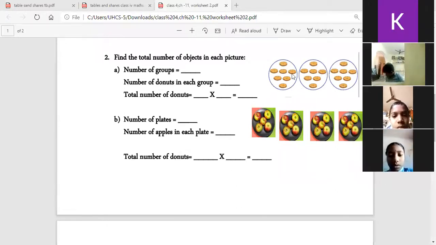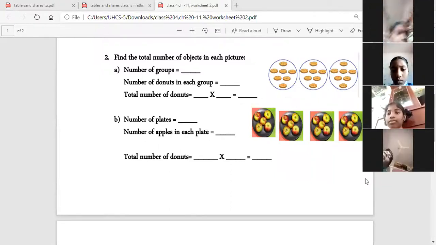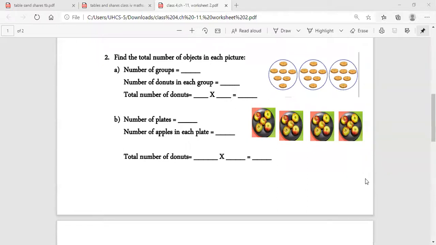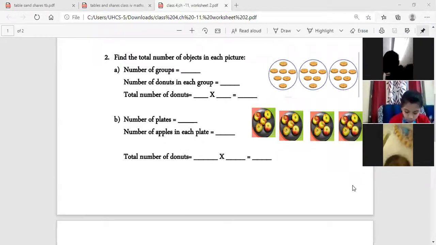Each group contains 7 donuts. Donuts are an item you know very well because you eat them. Many people like them. The number of donuts is 7 multiplied by 3, which equals 21.